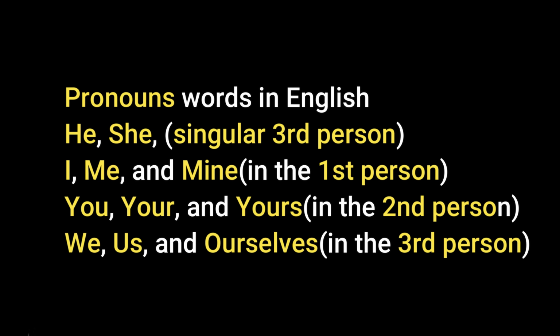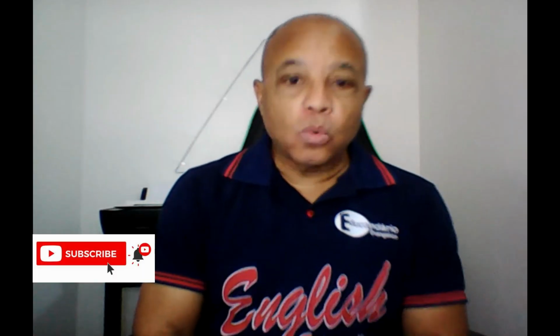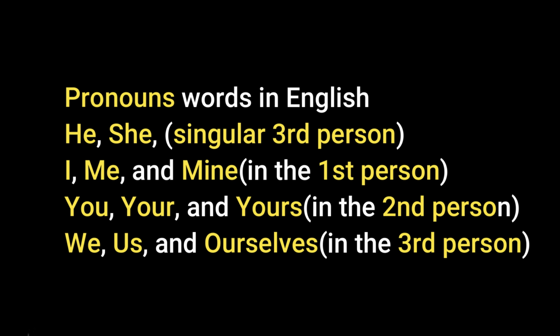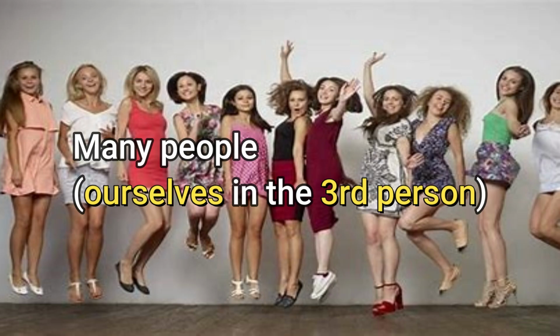And in the third person, which is talking about two or more people, we, you and me, two people. Us could be two people or more. And ourselves, many people. Talking about the third person.